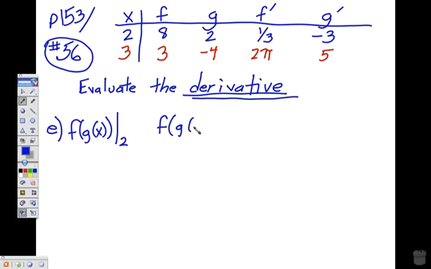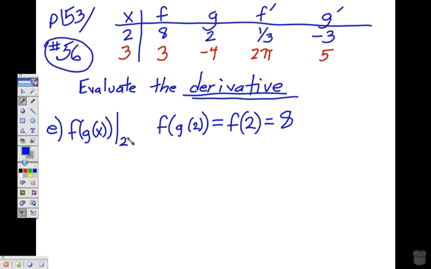F of g of 2 would be f of whatever g of 2 is. Well, g of 2 is 2. So it's f of 2. And according to our table, f of 2 is 8. So f of g of 2 is 8. But the question asked for the derivative, so this is not our answer.